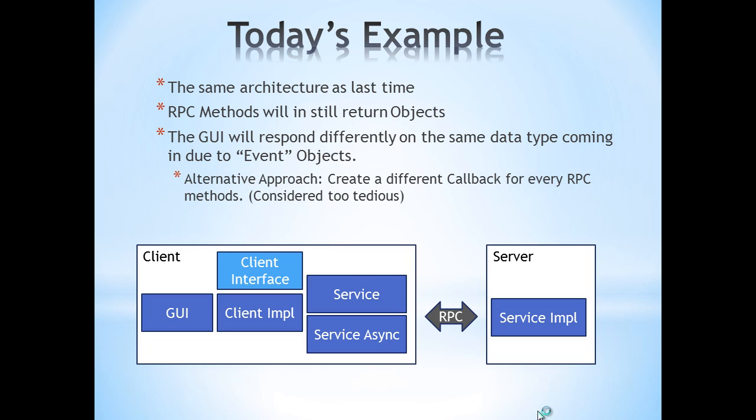One of the alternative approaches to what I'm going to demonstrate today would be to have a different callback for every RPC method. Basically, if you make an RPC call and you have a specific callback for that method, updating your GUI in a certain way, you're actually accomplishing the same thing. However, this approach does not have my preference because it's very tedious.